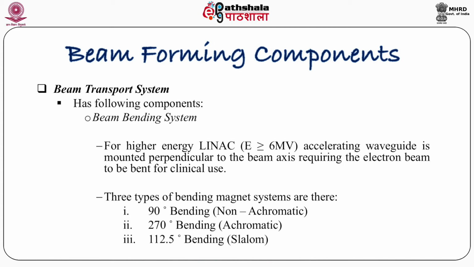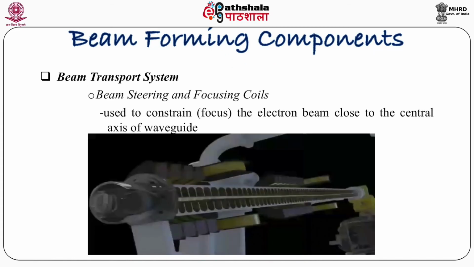Three types of bending magnet systems are used: 90-degree bending, non-achromatic, 270-degree bending, and 112.5-degree bending. Beam transport system. This figure shows the waveguide. Beam steering and focusing coils are used to constrain or focus the electron beam close to the central axis of the waveguide.